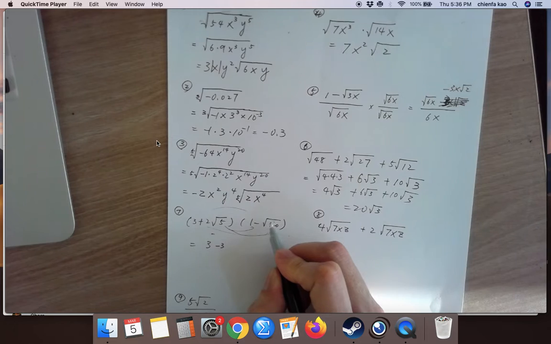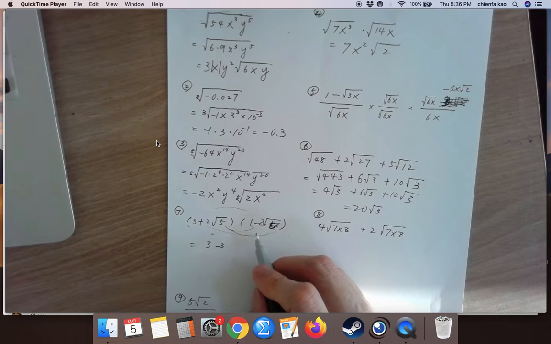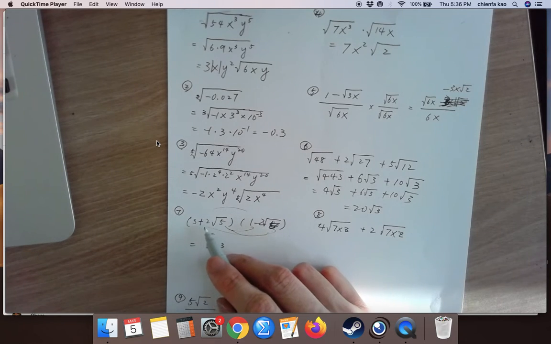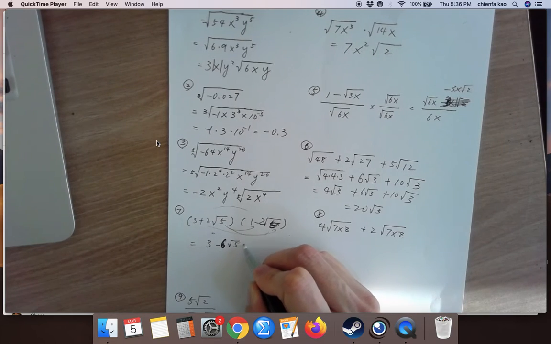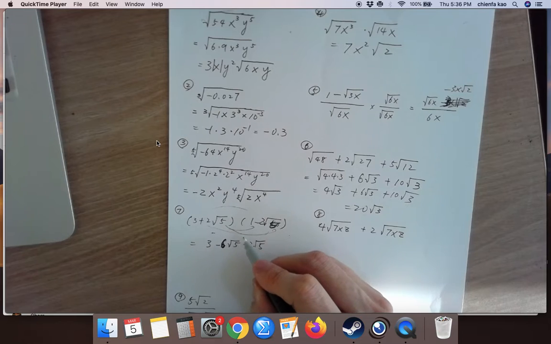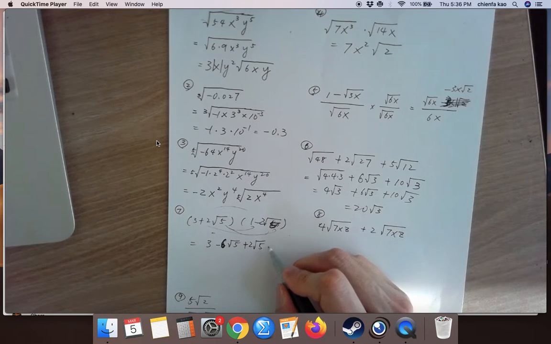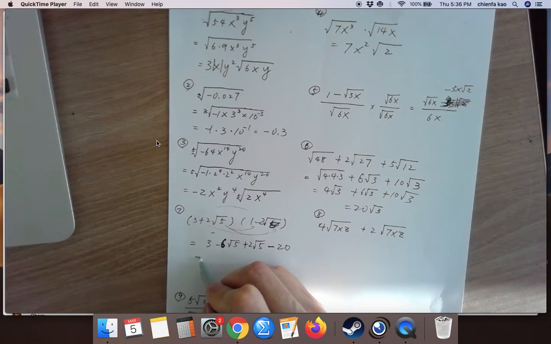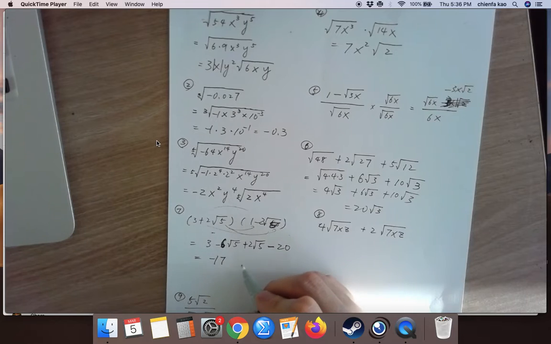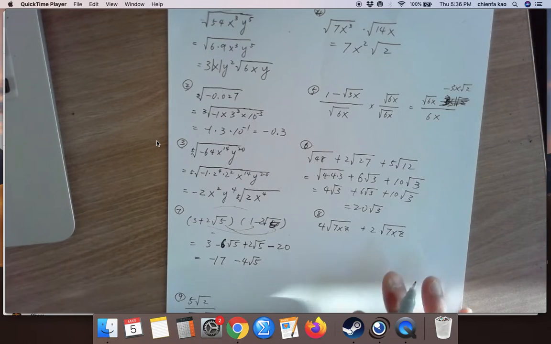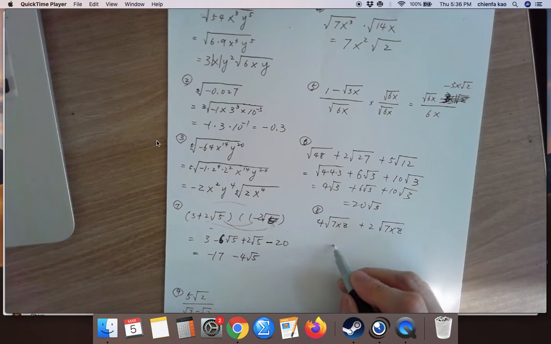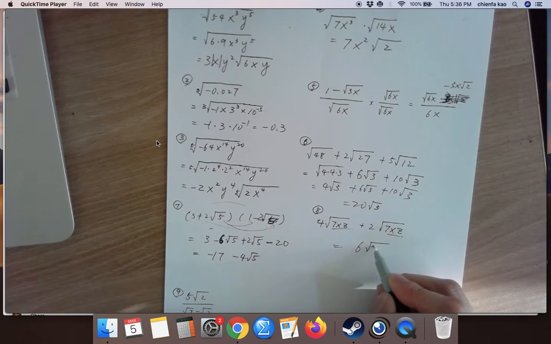Well, square root of 20, let's make it into 2 root 5. So that gives 3. This gives 6 root 5. And this one gives positive 2 root 5. And then this one gives minus 4 times 5 root 20. And so it'd be negative 17 minus 4 root 5. So, right. So this one, literally this is the same, 6 root 7 xz.